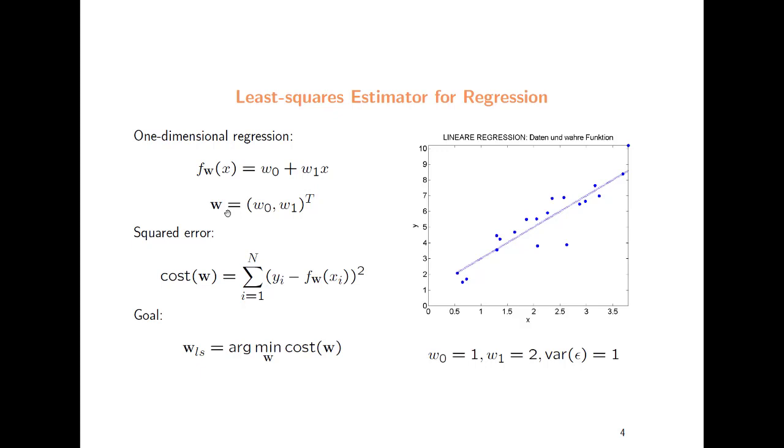The weight vector only consists of w0 and w1. The squared error doesn't change, and we're looking for the minimum. You might have done this in high school or during your studies. In German it's called Ausgleichsgerade.